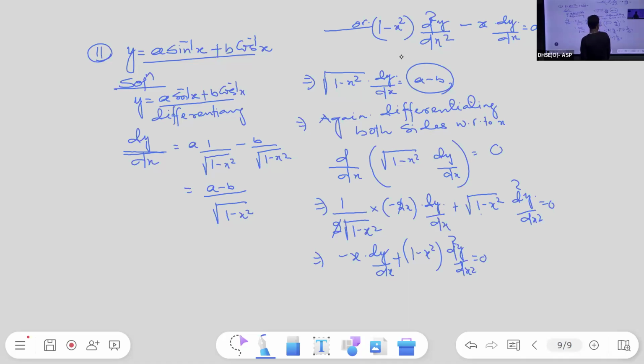Then come to another question. Form the differential equation of the family of curves y is equal to a e to the power x plus b e to the power 2x.